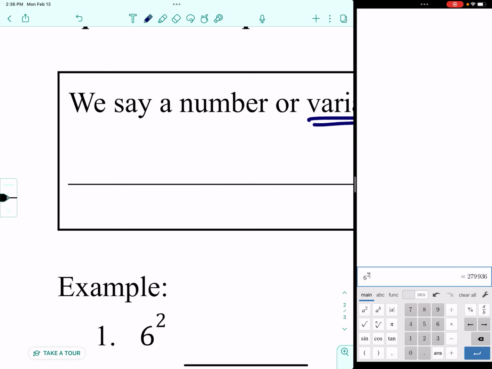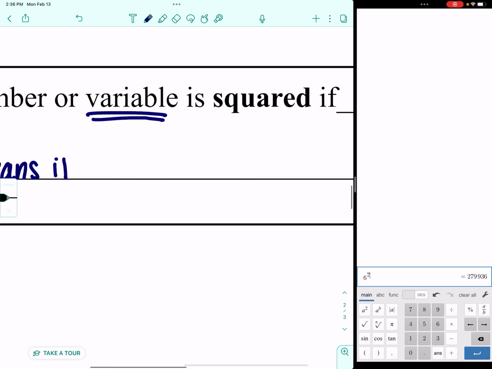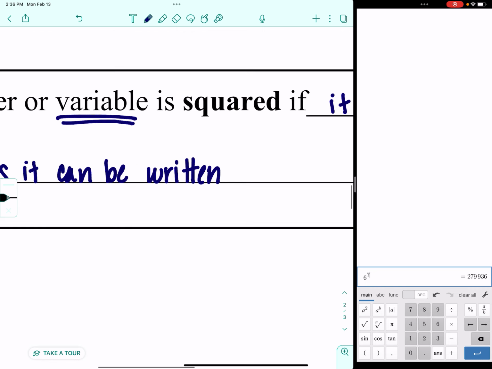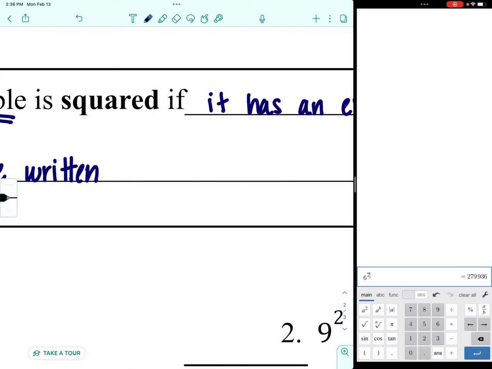Squared means it can be written as a product of 2 identical factors.